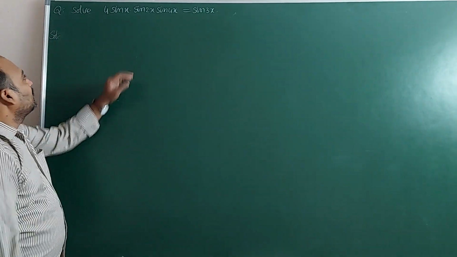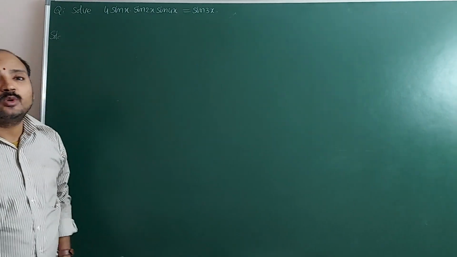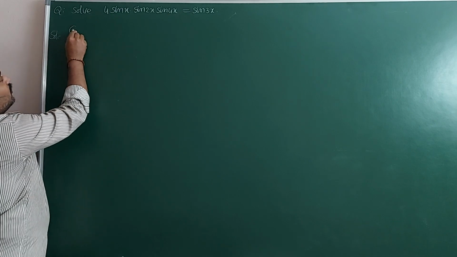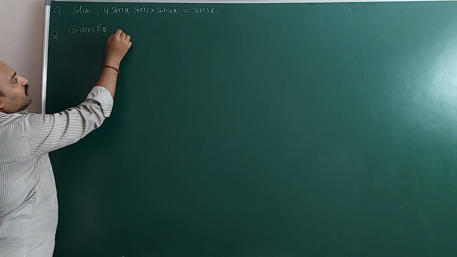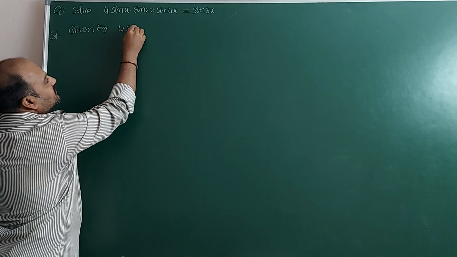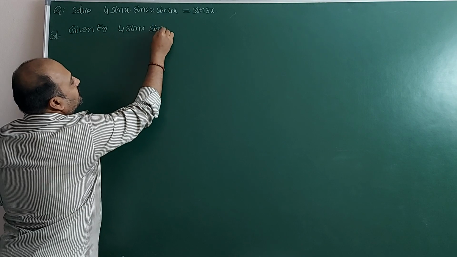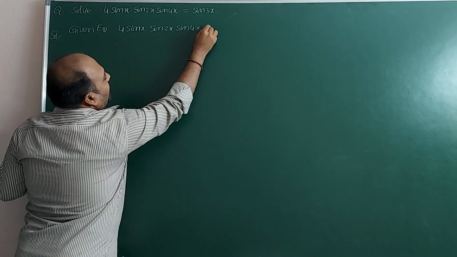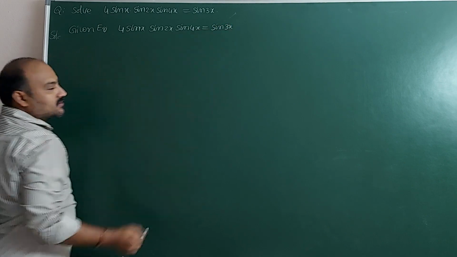The next question: solve 4 sin x sin 2x sin 4x equal to sin 3x. So first, you have to write the given equation: 4 sin x sin 2x into sin 4x is equal to sin 3x.